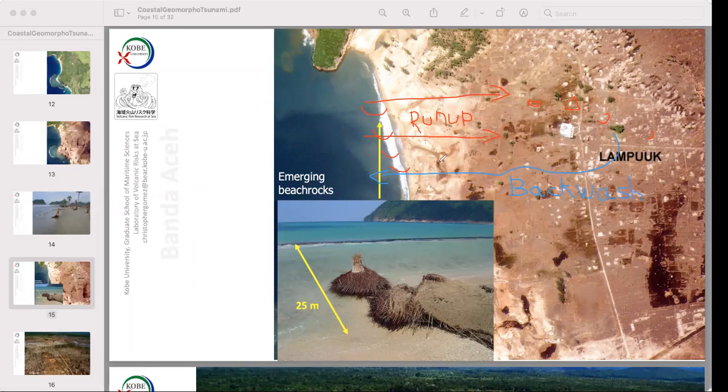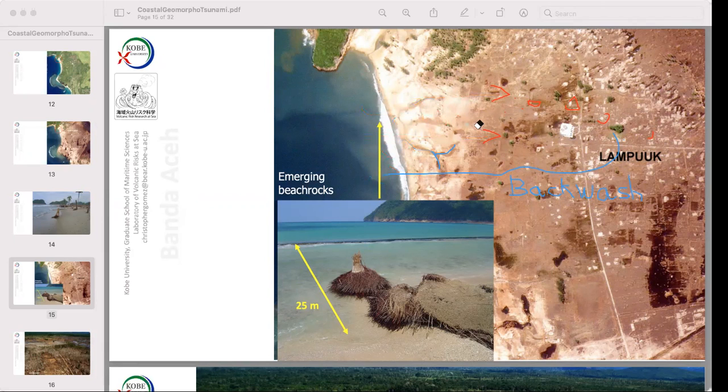And with the backwash, it's going to carry a lot of debris from the houses, a lot of bricks, a lot of wood debris. So it's going to erode the coast again, and it's going to create those features. So those are erosion features that you can see due to the backwash.